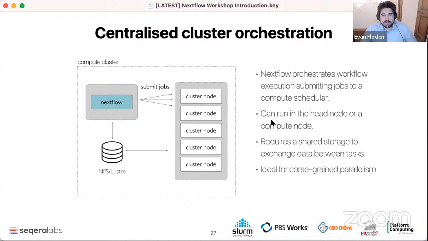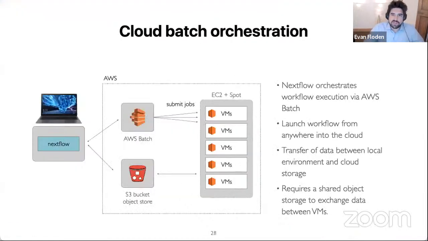What's become really popular in the last few years are these managed services in the cloud. This is things like AWS Batch, but also Google Batch and Azure Batch now. In each of the cases, it's very similar. Nextflow is submitting the task to the Batch API, for example, and from there, the individual virtual machines spin up those resources on demand, and then the tasks are placed on there.